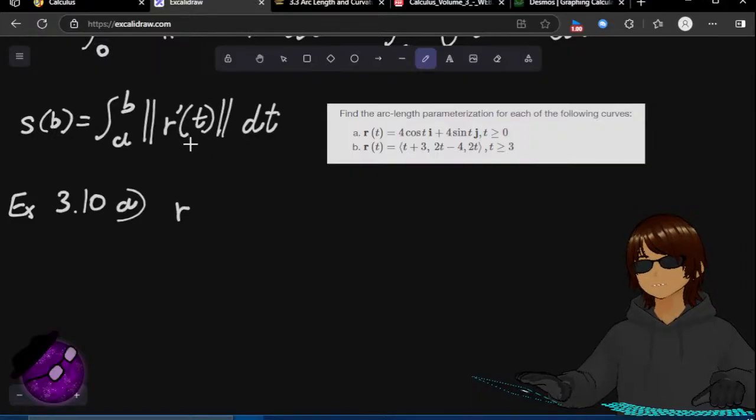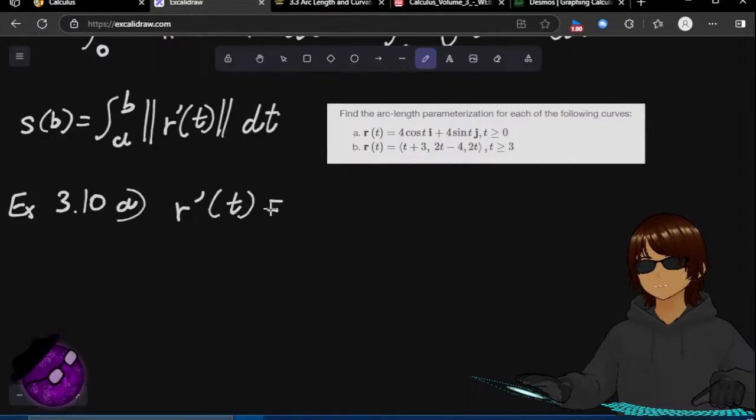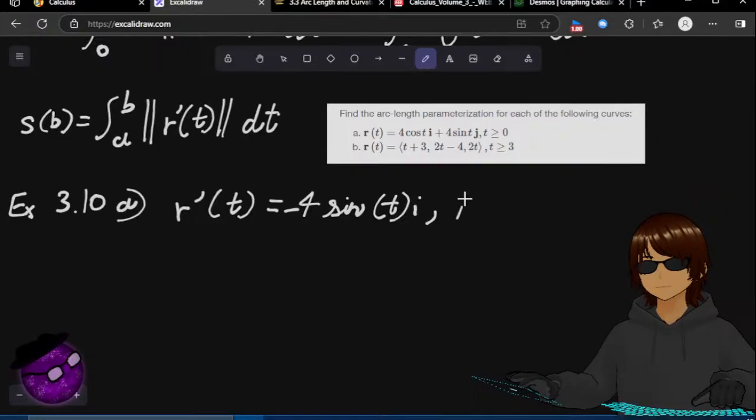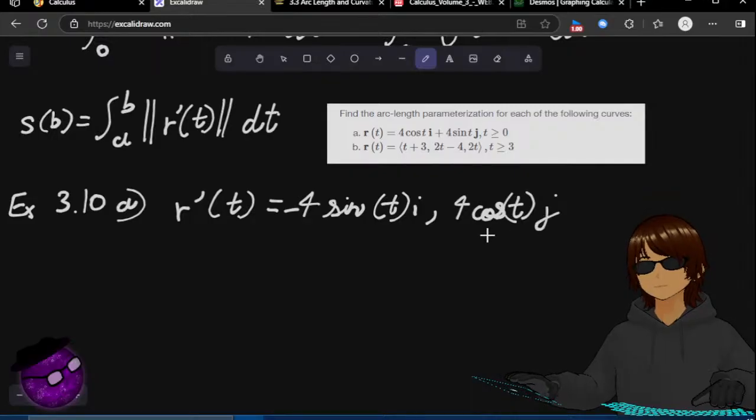So the derivative of r(t) is, cos becomes minus sine t, and y should be plus.